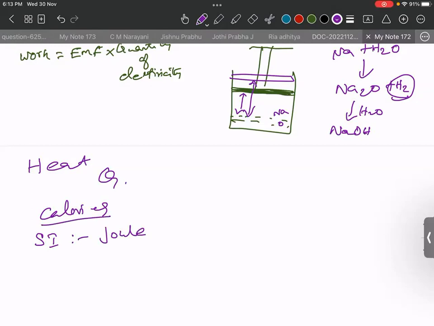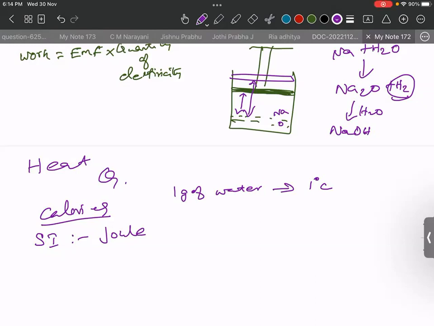Heat's unit is the calorie normally, but the SI unit is joule. So what is a calorie? It is the quantity of heat required to raise the temperature of 1 gram of water by 1 degree centigrade. First you measure the temperature of the water, then you heat for some time, then measure the difference in temperature. So 1 gram of water raised by 1 degree of temperature gives 1 calorie.